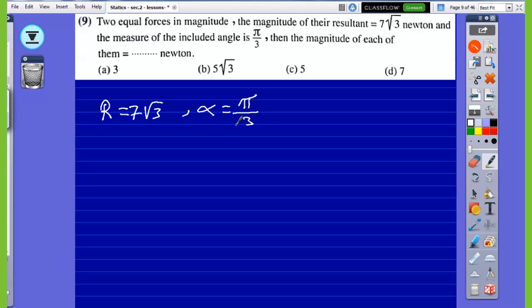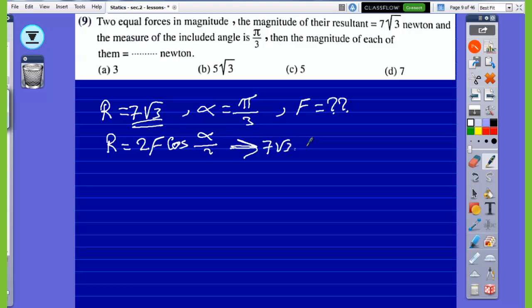Then the magnitude of each of them, they ask about F. The value of F equals, again we write the rule. So we have R equals 7 root 3 equals 2F cosine alpha over 2. We have alpha equals pi over 3. Pi over 3 divided by 2 equals pi over 6.